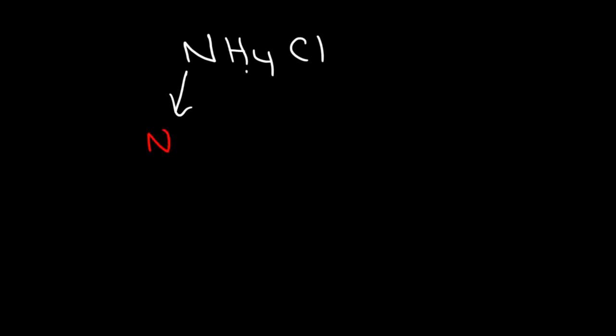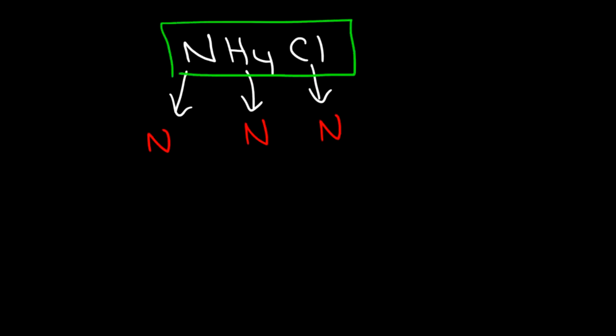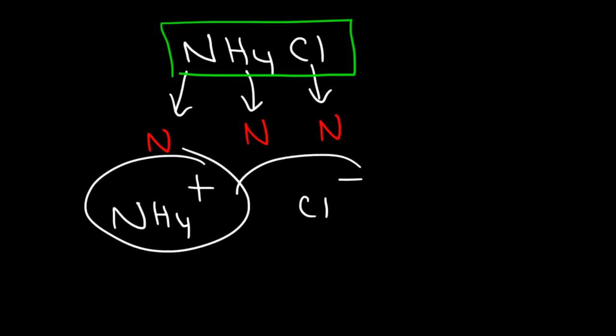Hydrogen is also a nonmetal, and the same is true for chlorine. So there are no metals in this compound. So you might think that this is a molecular compound, but you need to be careful because it's composed of ions. Ammonium contains a net positive charge, and the chloride ion contains a negative charge. So because this is composed of ions, it's considered to be ionic.